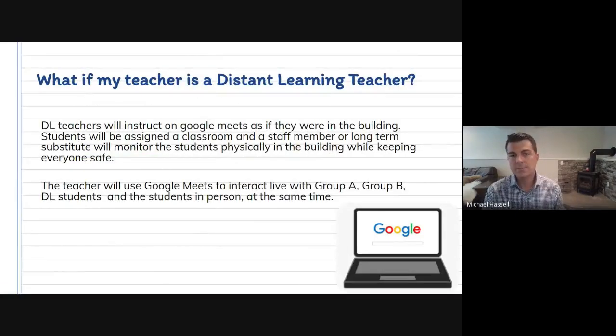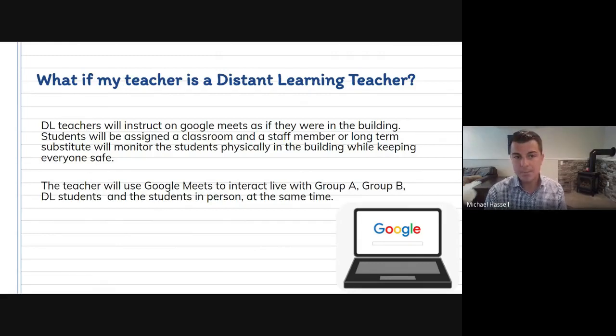So we also have some teachers that were not able to physically come into the building. So we have a set number of distance learning teachers. So they are the teacher of record. If I'm a student who's coming to school in person and I arrive to that class and I realize that my teacher is at home because they might be at high risk to come into the building, they will be teaching the students who are both at home and in person using Google Meets.